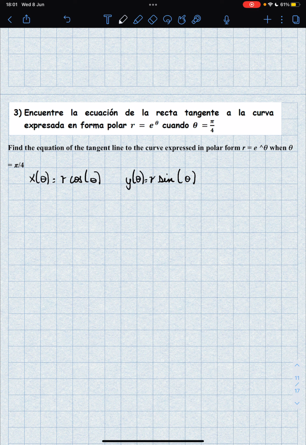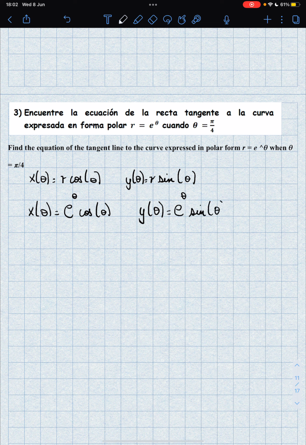So we start replacing it. x of theta is equal to e to the theta cosine of theta, and y of theta is e to the theta sine of theta. Perfect.